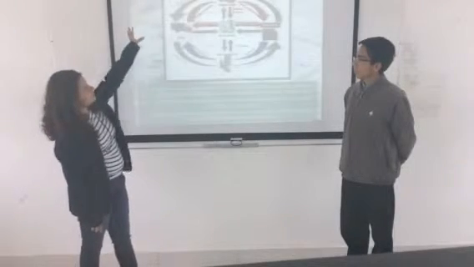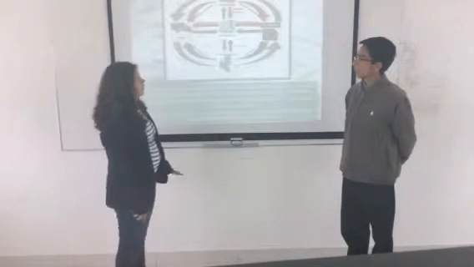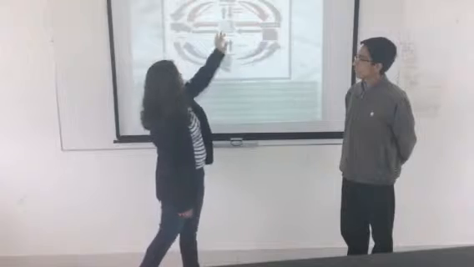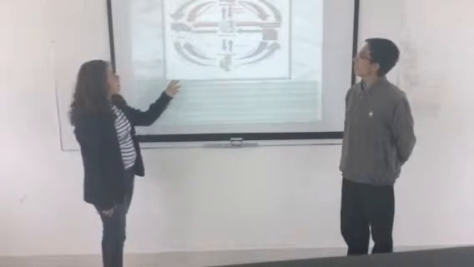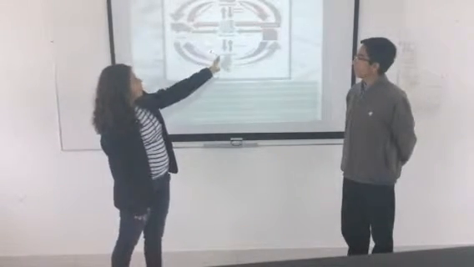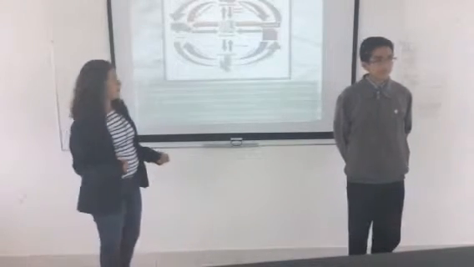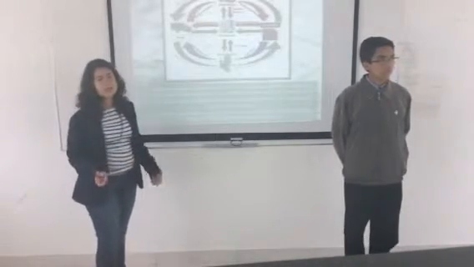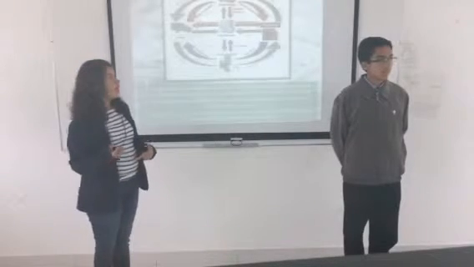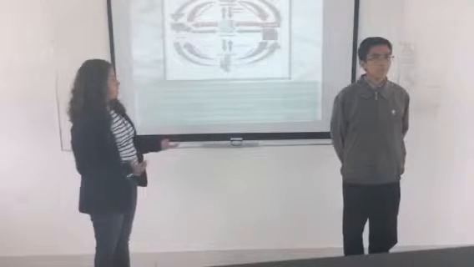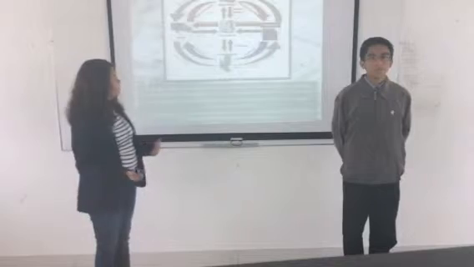Here we have the flow. Here we have the household, the government, and the firms. A household works and receives a wage for their work, so that with that income they can buy and consume goods and services.